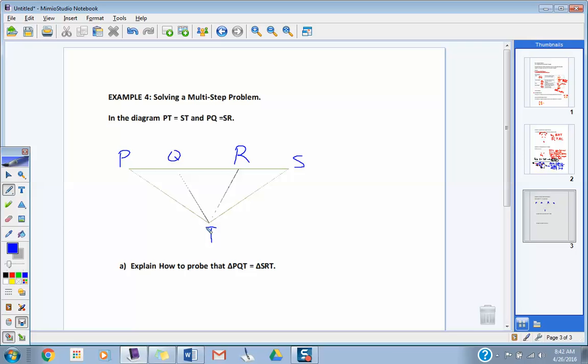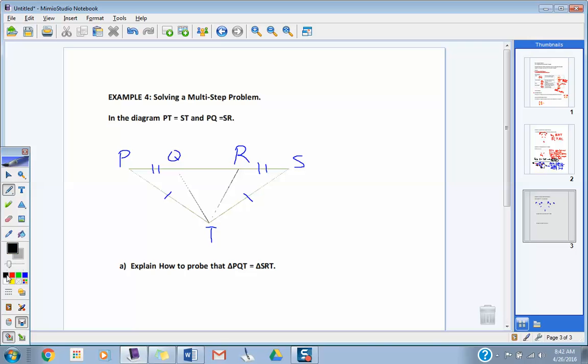PT is equal to SR. Oh, I'm sorry, ST, right? PT and ST. You guys agree that those are equal right there? Might want to get some tick marks in there. Okay, so go ahead and draw those. What else do you know? PQ and RS are equal, right?